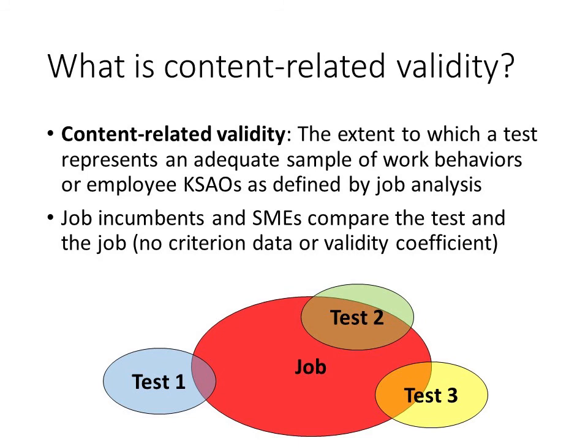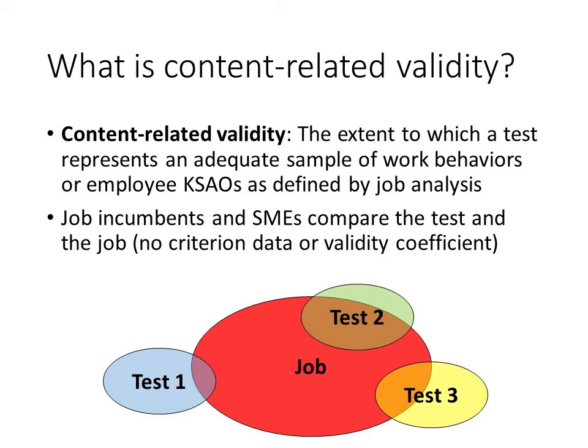And finally, content-related validity. You'll notice that the graphic on this slide looks a lot like the graphic on an earlier slide. Notice that the center circle is labeled job instead of construct. Content-related validity is similar to construct-related validity. The major difference is with this particular type of validity, we're really focused on whether or not the tests accurately and comprehensively measure the job.